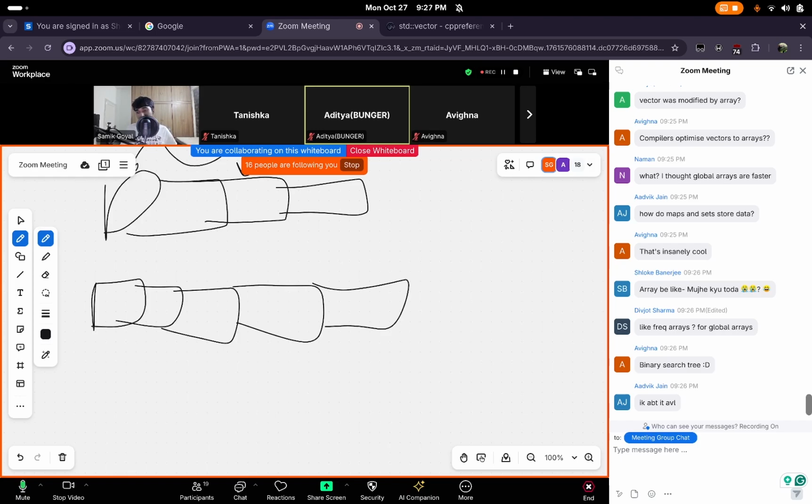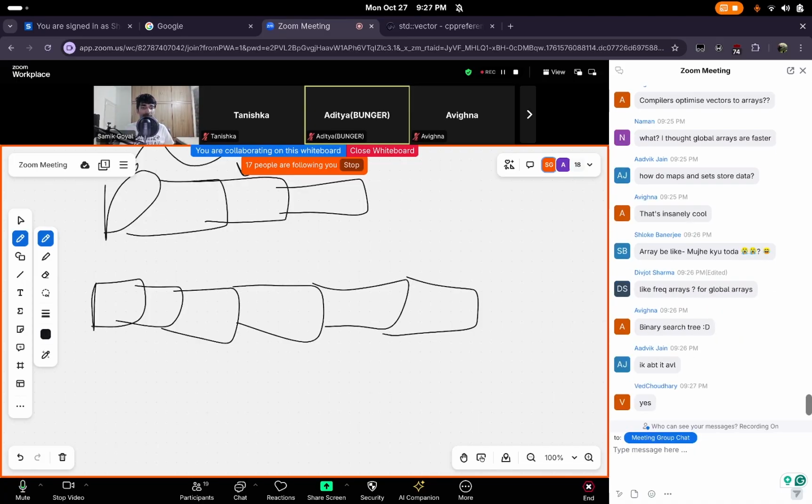But if you do want to know the difference in syntax, that requires you to know classes. Do people know what classes are? Not in C++, but in general, like object oriented programming.